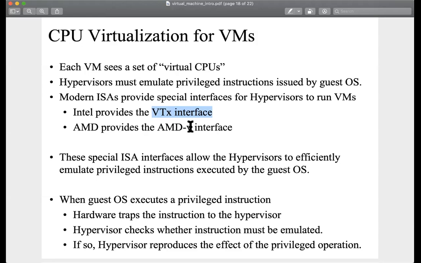Specifically, VT-x deals with CPU virtualization features, and we'll talk about what these are. Likewise, AMD, which is Intel's competitor but still works on the same x86 ISA, came up with its own extension called AMD-V. And these are pretty standard. More recently, the ARM processor, which has become very popular in embedded systems and mobile devices, has also started providing hypervisor support.